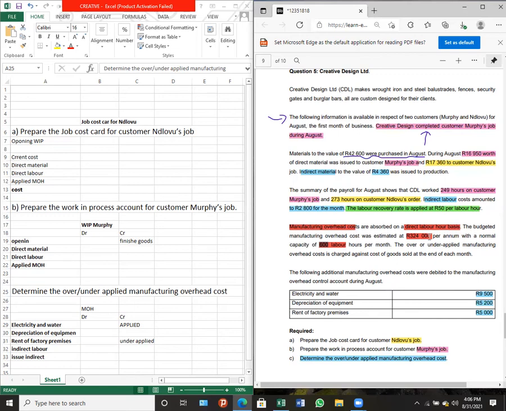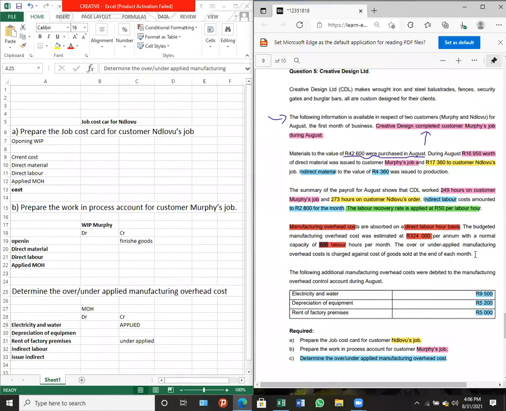The over and under applied manufacturing overhead cost is charged against cost of goods sold at the end of each month. We know, guys, that with under and over applied you should adjust your cost of sale. We calculate over and under applied to help us adjust the cost of sale.